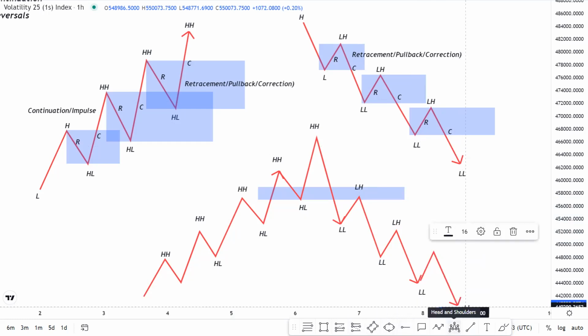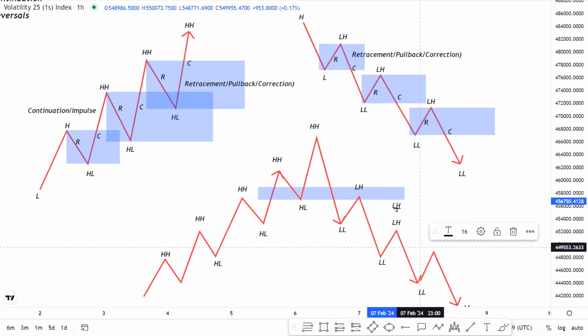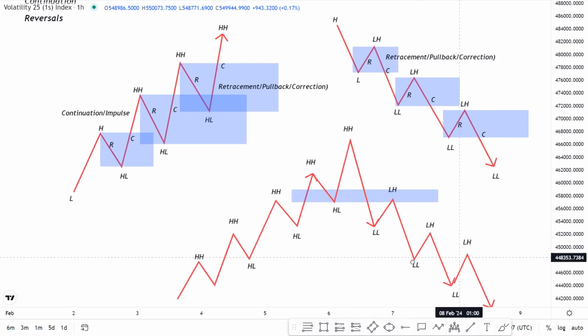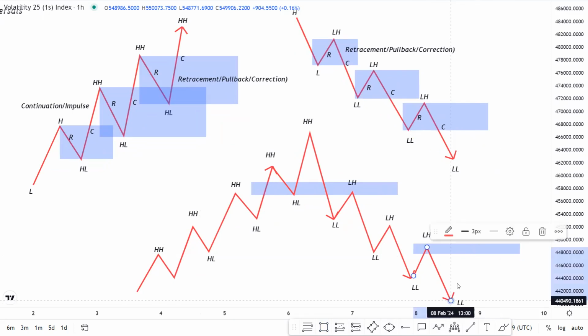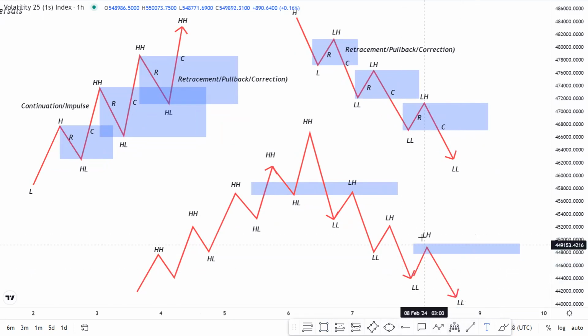Once we have the most recent lower high level broken, it signifies a reversal in the market. So as long as price stays below the most recent lower high, we're clearly in a bearish market.